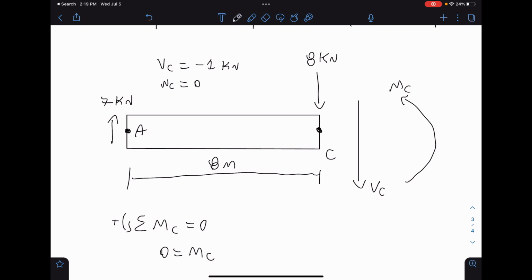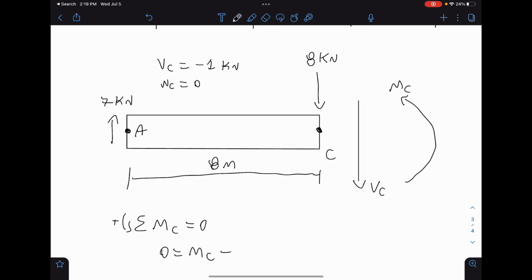And then what else do we have here? MC is going in our positive direction, right? So we also have a force of 8 kilonewtons, but it's directly on C, right? So we don't use it. It's 0 meters from C, so 8 times 0 is 0, so we don't care about that. Next, we have our 7 kilonewton force at A here, and that's 8 meters from C, and it's causing our beam to rotate in the clockwise direction, so it's negative in our case.